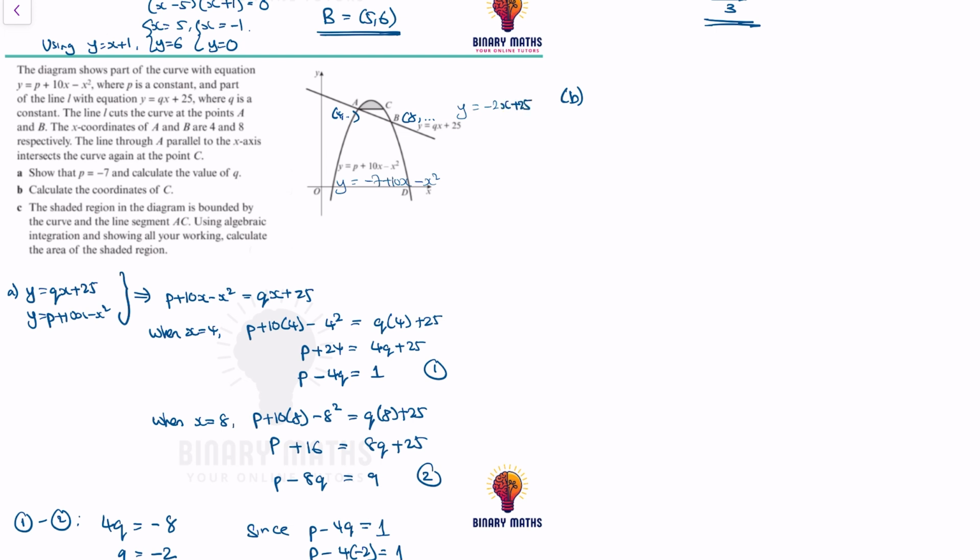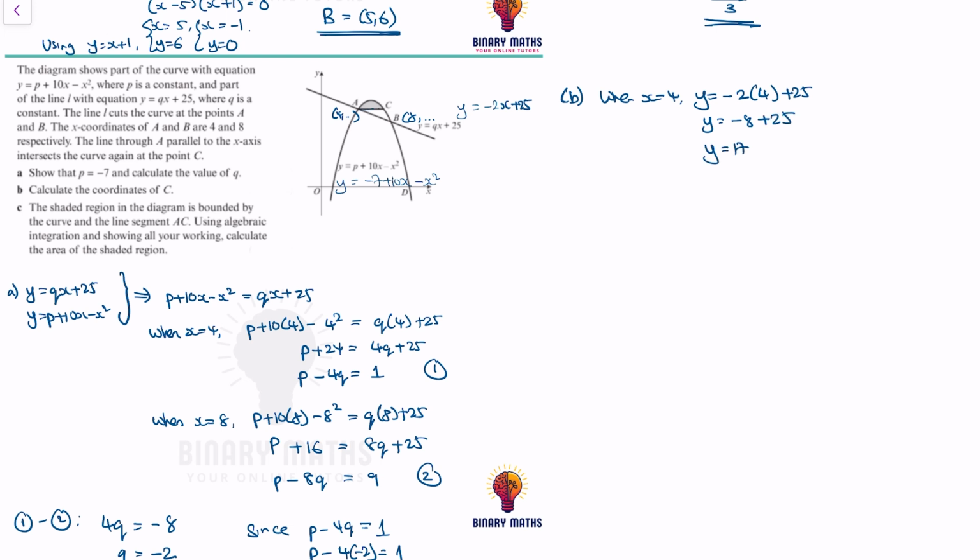Now, since A lies on the line, we know when x equals 4, y must be equal to negative 2 times 4 plus 25, which is negative 8 plus 25, which means y is equal to 17.